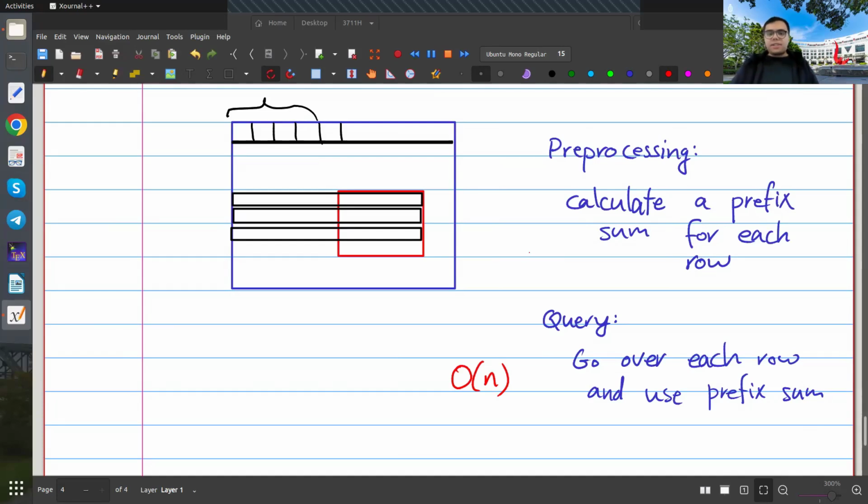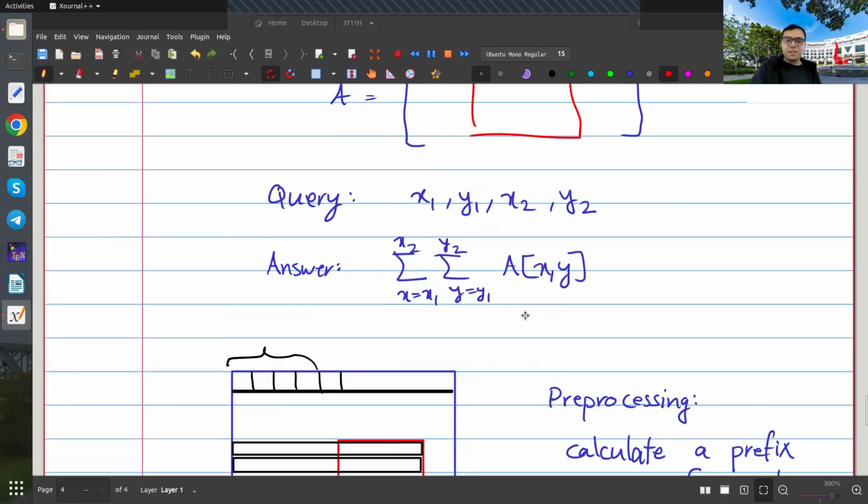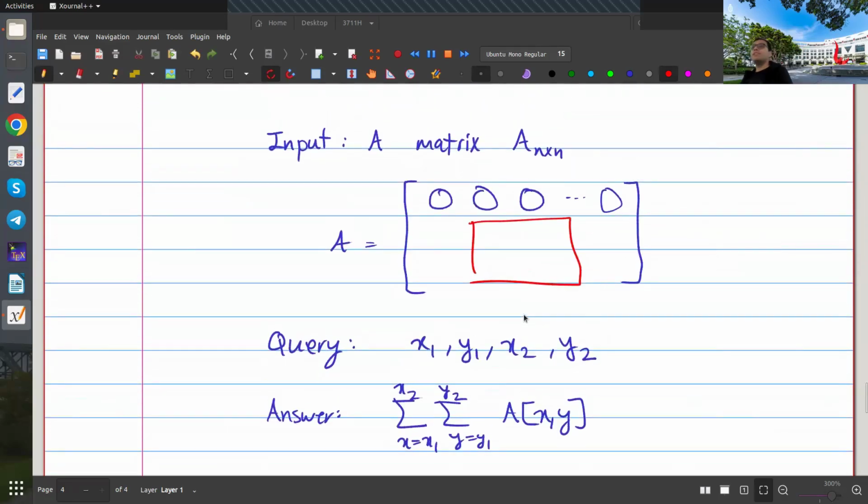How about my pre-processing? How much time is my pre-processing taking? Well, I have to calculate a prefix sum for each row. Calculating a prefix sum took O(n), but I have to do it for n rows. So this is O(n squared). So this is fine. And honestly, I cannot make my pre-processing any faster than this, because, and here's a very common argument in this course, I have to read the input.